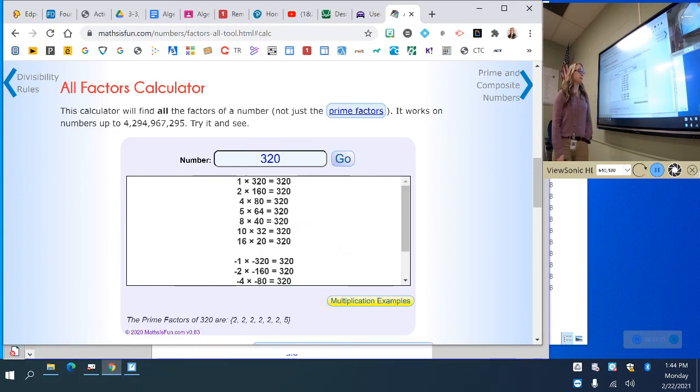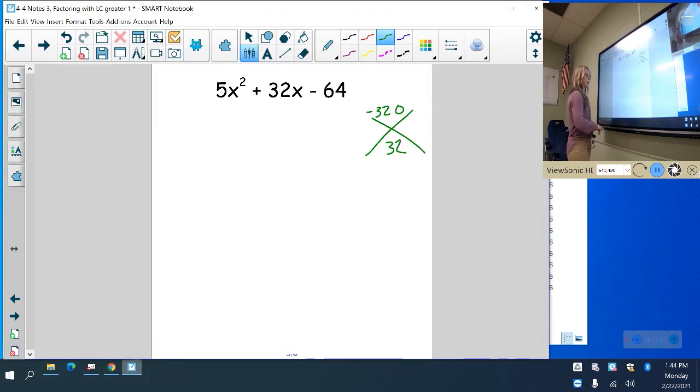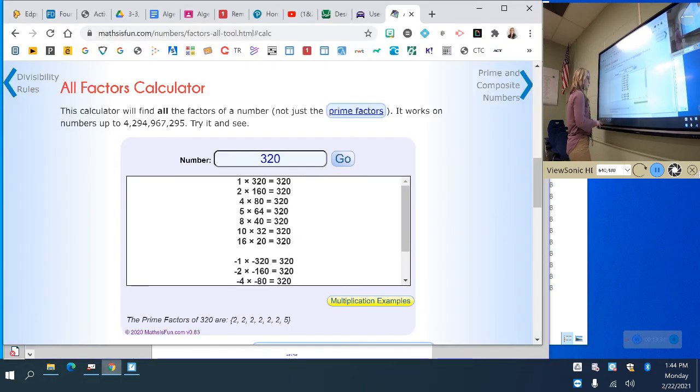So which one of these, instead of writing them all out, what you can also do is just use them from here. Which one of these would add to positive 32 and multiply to negative 320? Well, not this one, not this one, not this one. What did I need again?